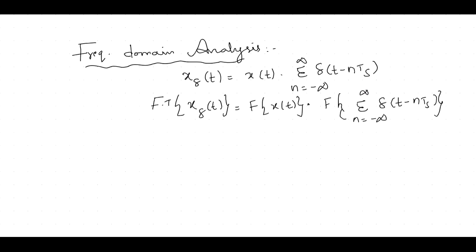use property. So do you all remember convolution theorem is there as well as multiplication theorem is there. Convolution theorem states that if two signals are convolved in time domain, then corresponding spectrums are multiplied in frequency domain. Similarly, multiplication theorem states that if two signals are multiplied in time domain, then the spectrums are convolved in frequency domain.